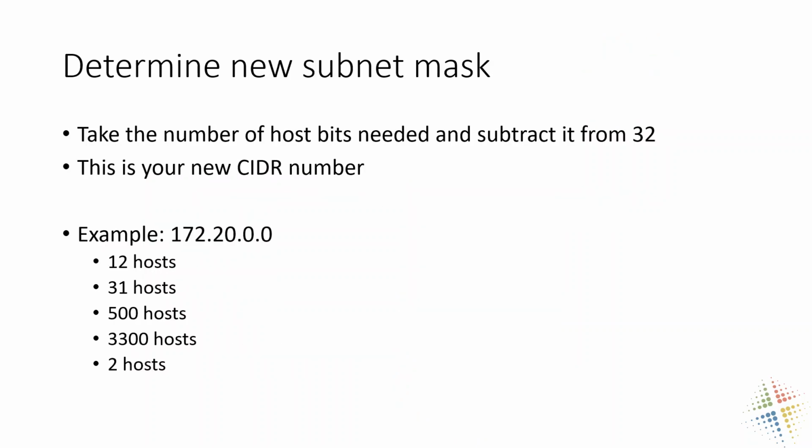Okay, so now that I know I need 5 host bits, I subtract that from 32. Remember, IPv4 addresses have 32 bits in them. There's 4 octets. 4 times 8 is 32. So 4 8-bit numbers gives me 32 bits total. So 32 minus 5 gives me 27, and this is my new CIDR number.